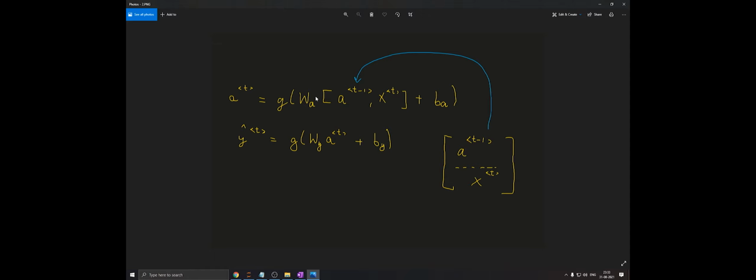So this is the operation, and then do a matrix multiplication between the weight matrix and this value, and then just add the bias. We have written subscript a here, which means that this bias is used to calculate this activation value. And here we are calculating this prediction value with the by.